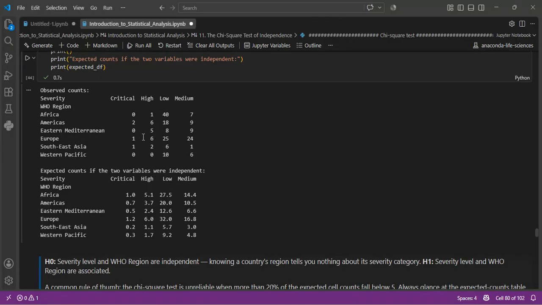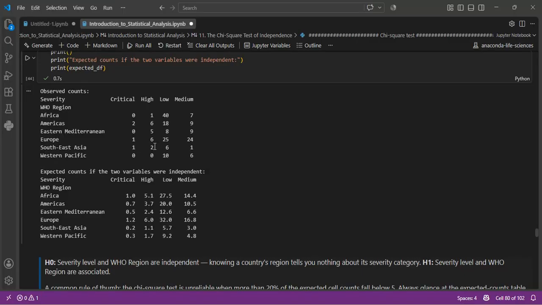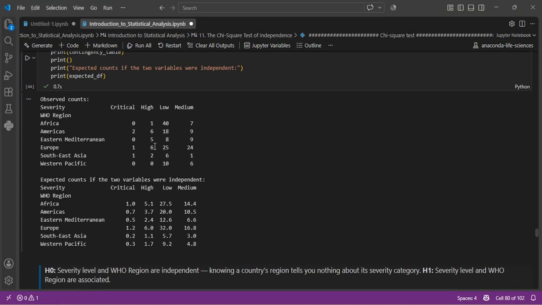So read around it to figure out how to read and how to compare the observed count, which is your data, I mean your contingency table that you get after creating a cross-tabulation of your two categorical columns.